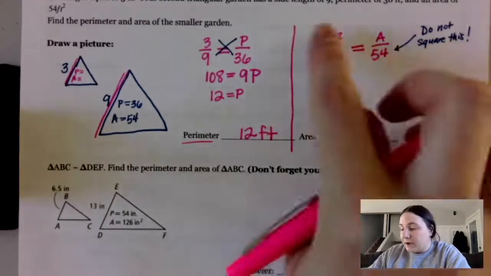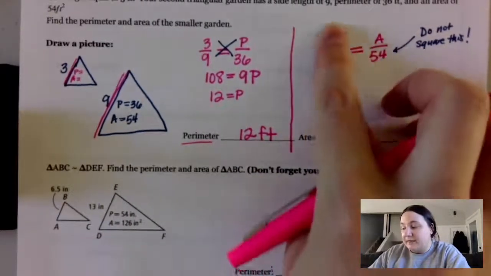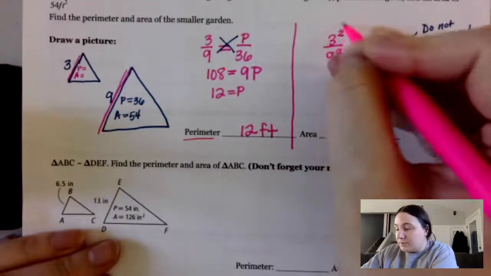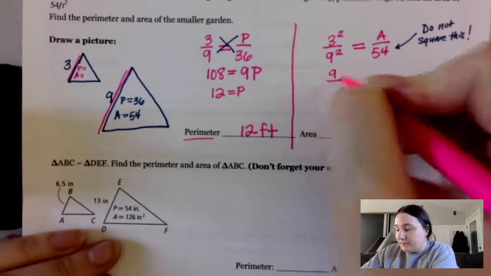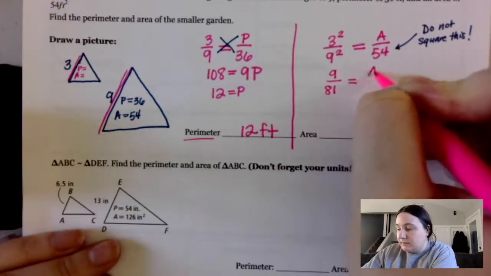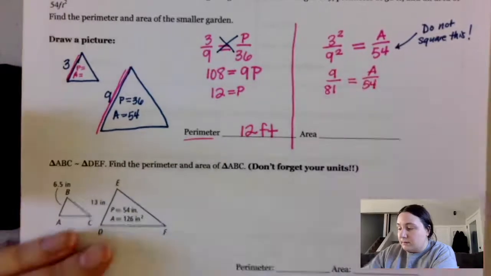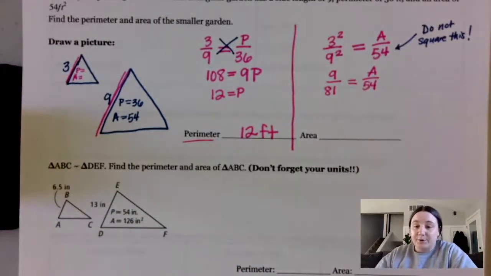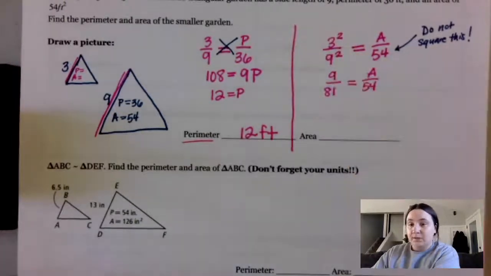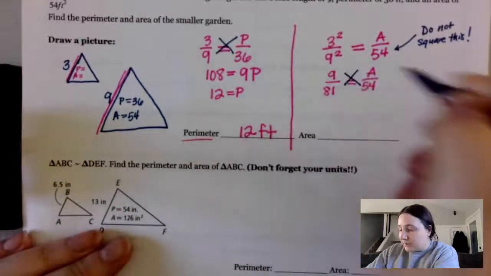Before I can cross multiply, I do need to simplify this. So I need to see what this equals. 3 squared is 9, and 9 squared is 81. So you do have an extra step with your area one where you have to square these. But then we're just going to cross multiply.